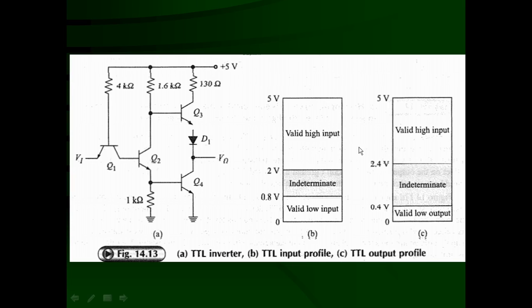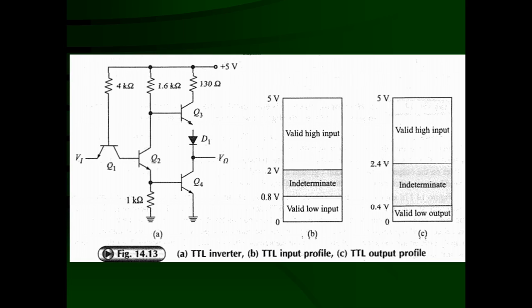In this input profile, each rectangular box is known as a window. From 0 to 0.8 volt is a valid low state input. From 2 volt to 5 volt is a valid high state input. If the input voltage is between 0.8 volt and 2 volt, the output is unpredictable.